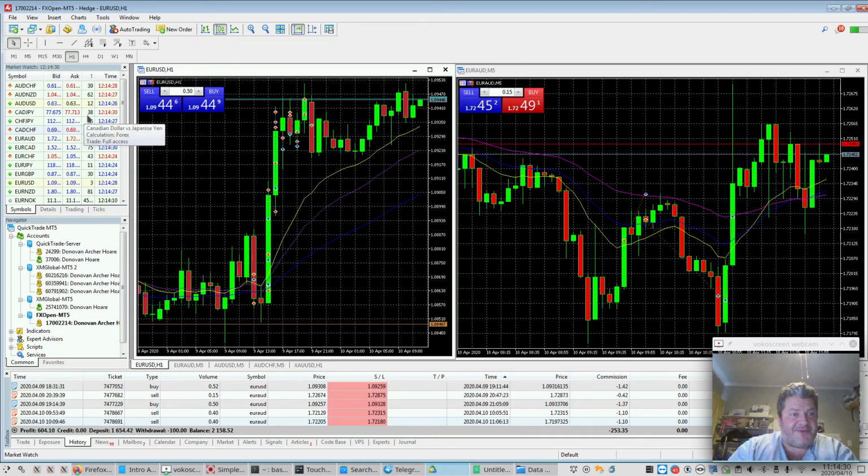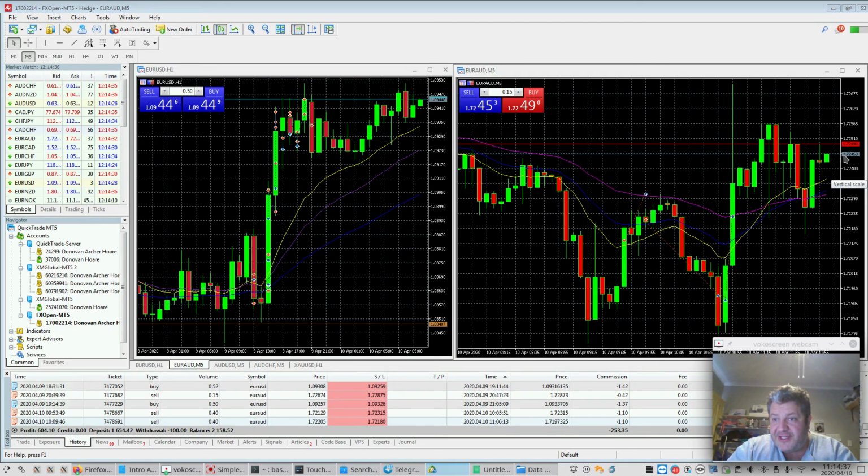So basically what we're saying, let me zoom in on this one, 5-minute chart. Here is my ask and bid, the bid price for sell and the buy price. And here's the difference.